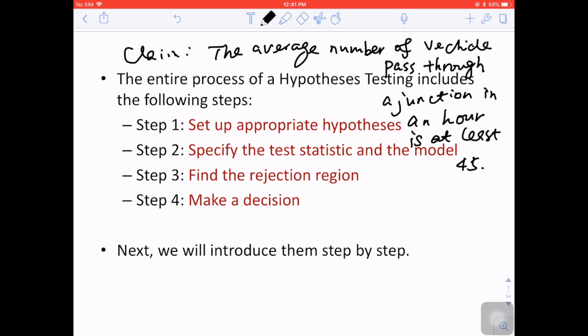Okay, so this is my claim. My claim is that the average number of vehicles pass through a junction in an hour is at least 45.